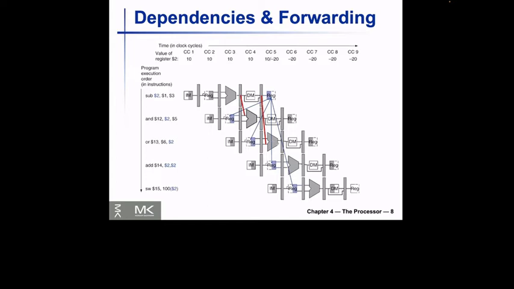So again, this $2 is available only after the clock cycle 5. So we do another forwarding here. We need another forwarding. Right, so we forward the second input of this ALU is in fact forwarded from here to here.